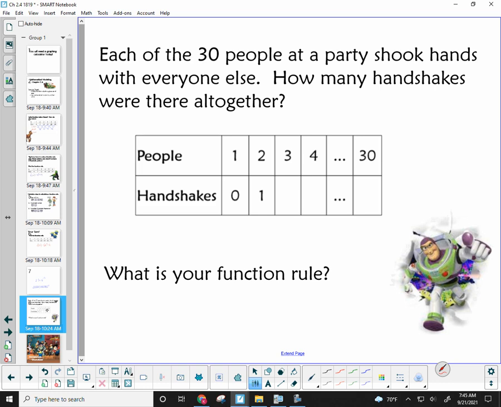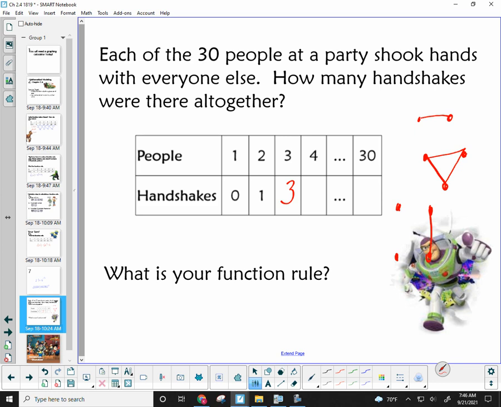All right, so if there's only one person at the party, there's no handshakes happening, right? You don't shake hands with yourself. If there are 2 people at a party, there is 1 handshake, right? If there are 3 people at a party, I would need 1, 2, 3 handshakes. How about if there's 4 people at a party?